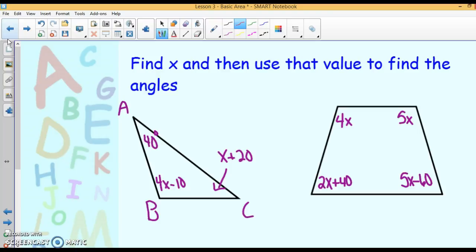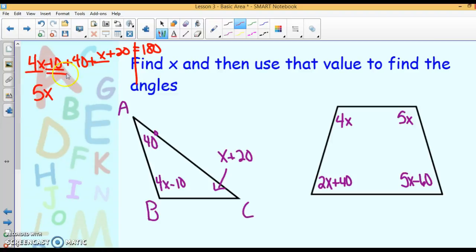All right. For the one on the left, it's a triangle. My equation, the 3 angles in every triangle in the world add up to 180. So I'm going to have 4x minus 10 plus 40 plus x plus 20 equals 180. Now, let's solve this. Combine like terms. 4x plus x is 5x.